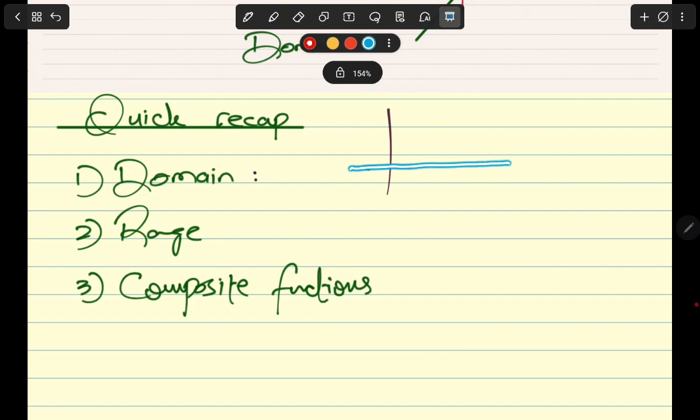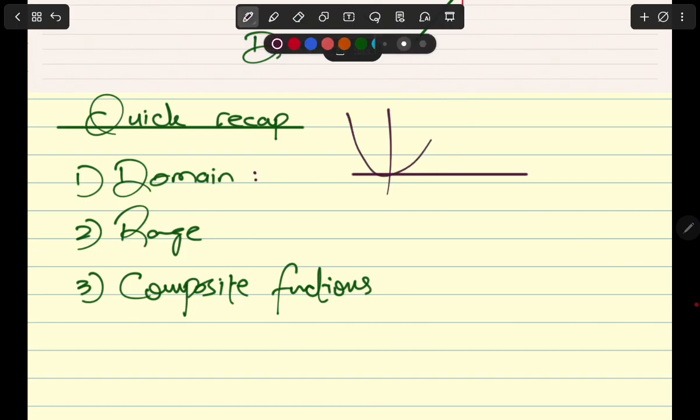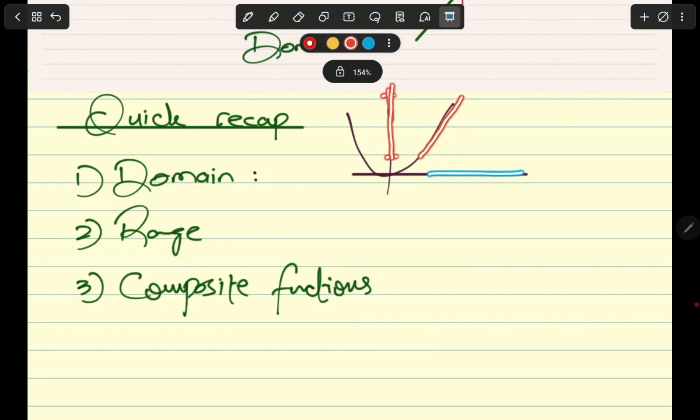For example, if our function is a parabola and our domain is this, then our range is only going to be this, from here to here considered on the y-axis. So range is the corresponding output values.